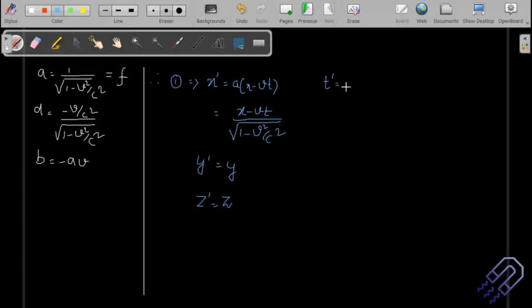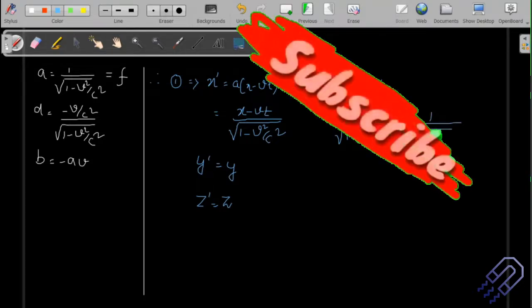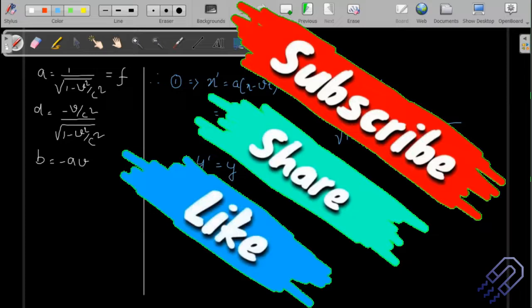So t prime is equal to dx plus ft, and our d is here, so we can just write it down as minus of v divided by c square divided by root over of 1 minus v square by c square into x, plus f and a are same, so it is 1 divided by root over of 1 minus v square by c square into time.